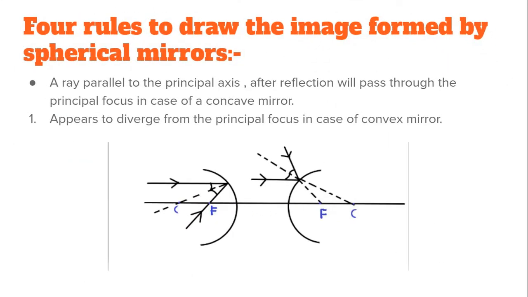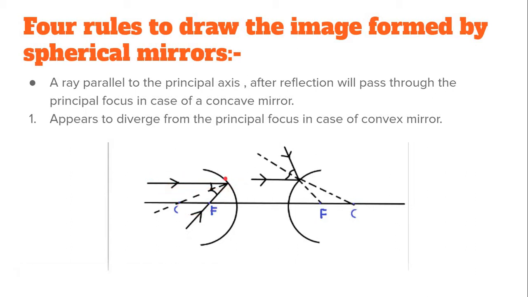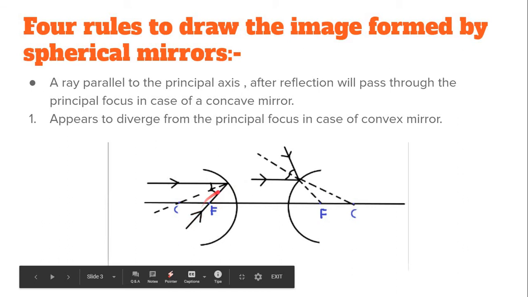There are four rules to draw the image formed by spherical mirrors. The first rule is a ray parallel to the principal axis, after reflection, will pass through the principal focus in the case of a concave mirror. So this is a concave mirror. A ray parallel to the principal axis, after reflection, will pass through the principal focus.